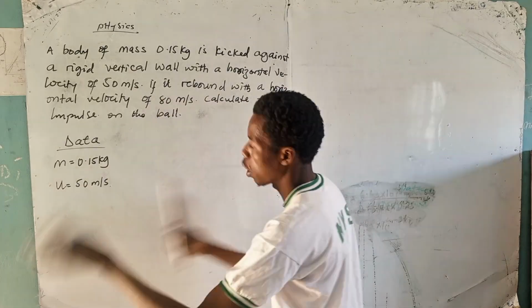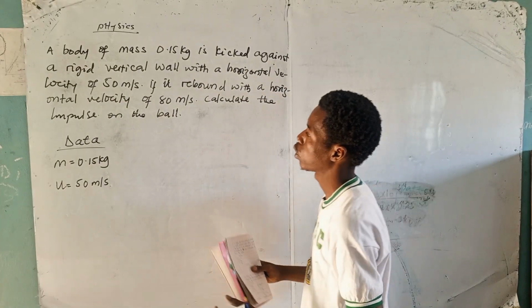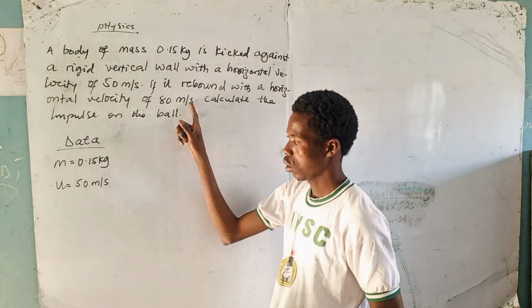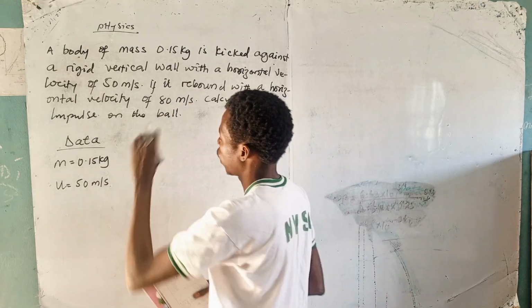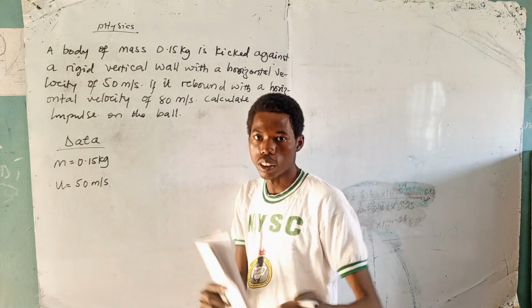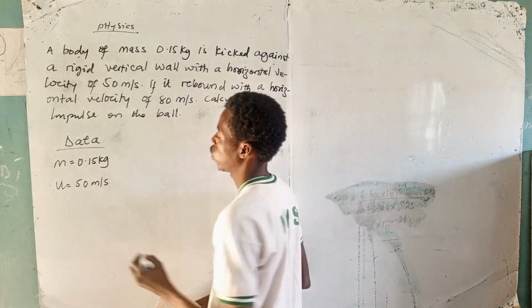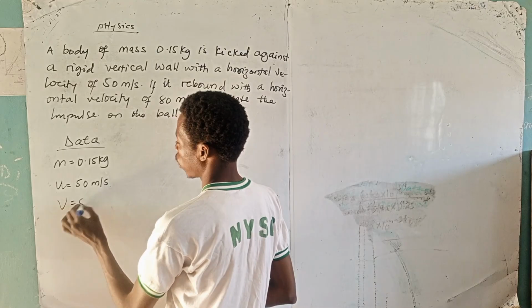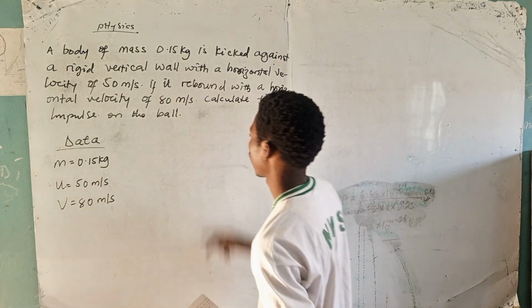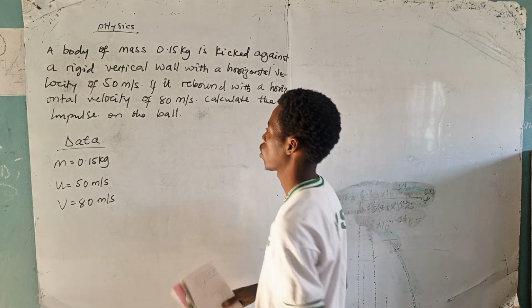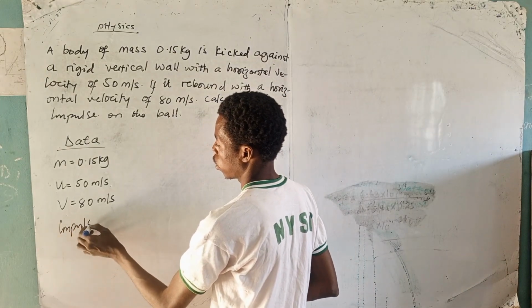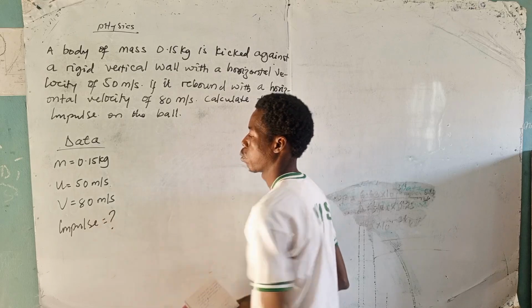If it rebounds with a horizontal velocity of 80 meters per second, so that 80 meters per second is the final velocity, the rebounded velocity. So v equals 80 meters per second. Calculate the impulse. Impulse equals question mark.